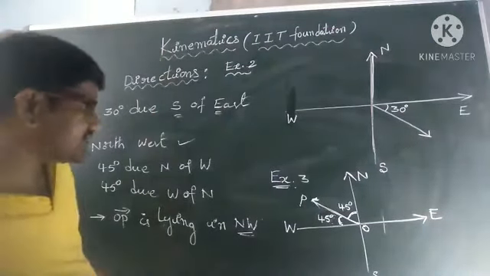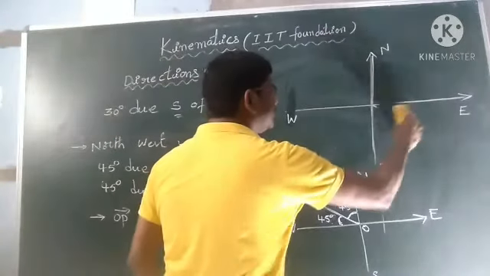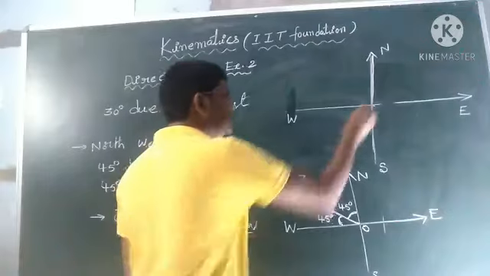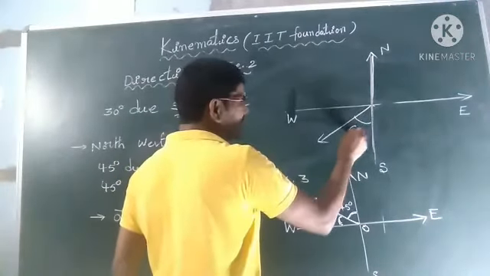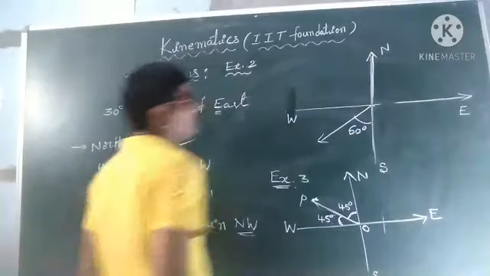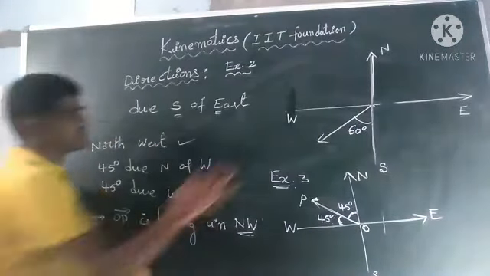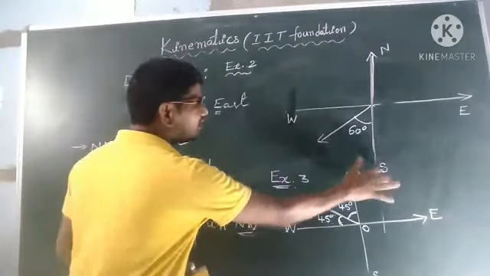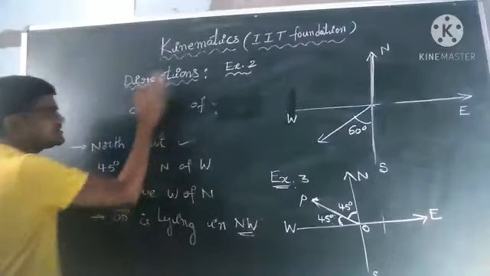And we can see another example. If some quantity lies here, making an angle of 60 degrees, then we say that it is lying in west and south and making an angle with the south. So you write like this, students.